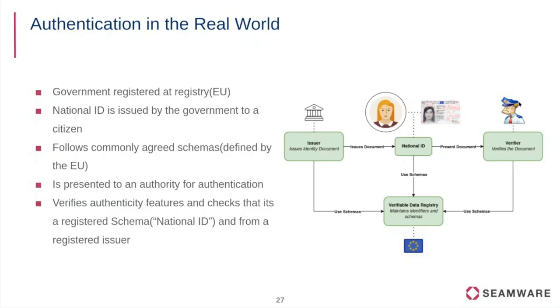It can also do this because it uses a schema that we both understand, and a schema that is well defined, because it is a standardized card defined by some European Union bodies, so that every one of us understands that. Beyond that, this card is also bound to me because of the picture on the card, so that it's also secured that only I can use it. So that's how essentially authentication happens in the real world.